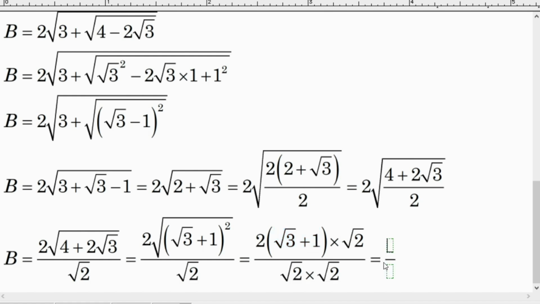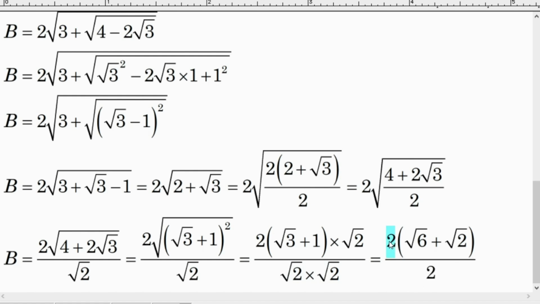What we will get, we get 2 factor square root of 2 times square root of 3, it gives us square root of 6, and then square root of 2 times 1, which is square root of 2. Square root of 2 times square root of 2, it gives us square root of 4, and square root of 4 equal to 2.